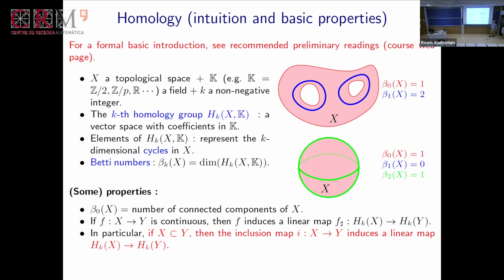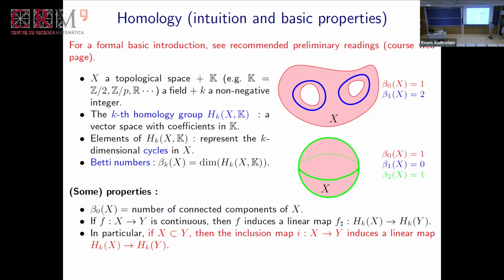In particular, something that we use a lot in TDA or persistence is that if x is a subset of y, this inclusion can be seen as a continuous map from x to y, where each point x is sent to itself. And this inclusion map induces a linear map between the homology groups of x and y. And this linear map is not a trivial one in general.